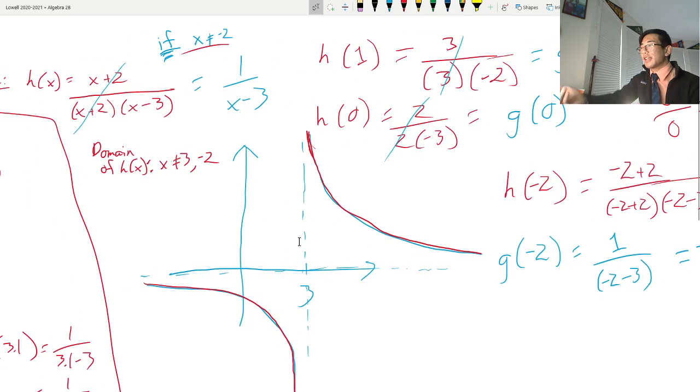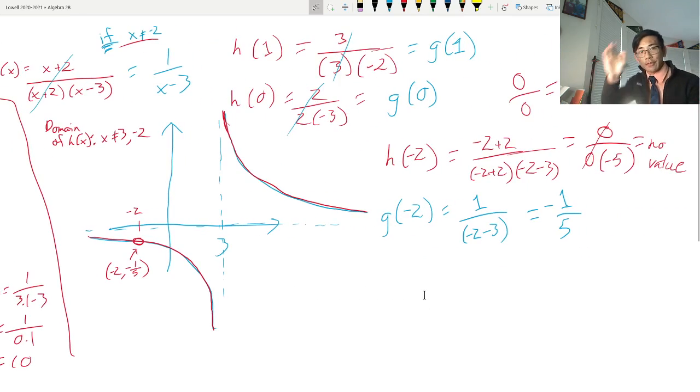Because again, you can't have that point in graph h. So let's see, this point right here, I'll just estimate it here. Let's say that's at negative 2. And the way we draw that is we draw a little hole and just kind of erase it there. That point is negative 2 comma negative 1/5 and has been omitted or removed from the graph. So this red graph with the little hole in it is the graph of h of x.